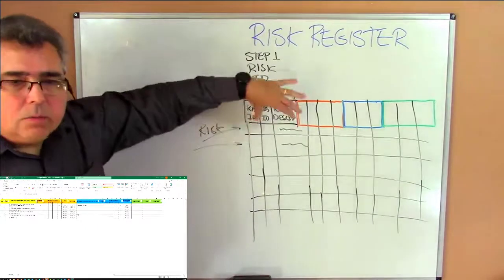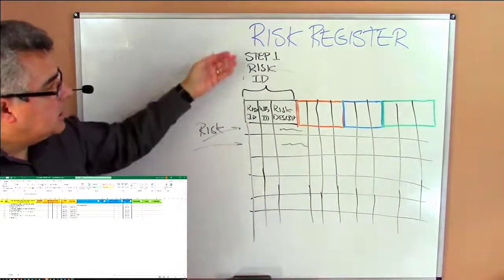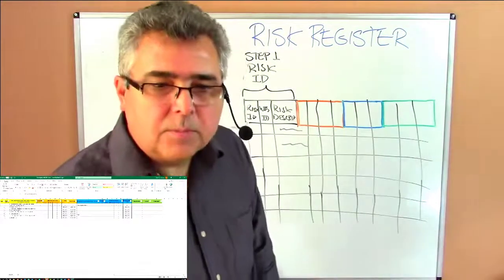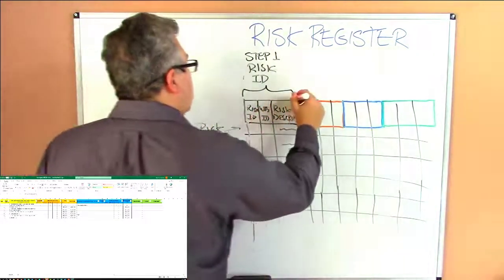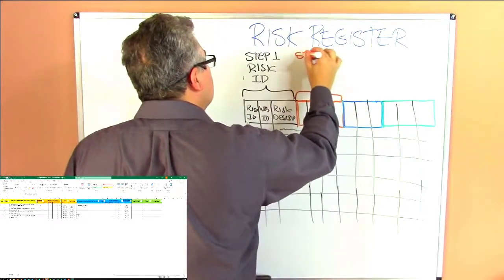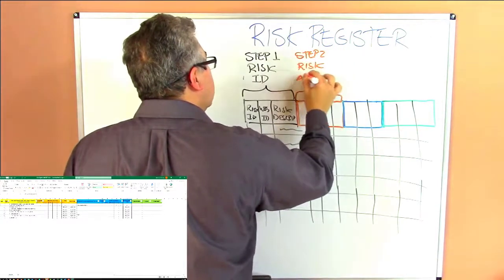When you see that yellow area, that's step 1 of the risk management process. The orange is step 2, risk assessment.